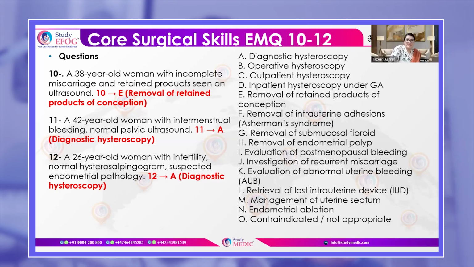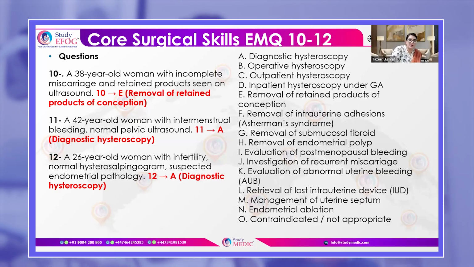And the 26-year-old woman with subfertility who is having normal hysterosalpingogram, but endometrial pathology is suspected. If we are suspecting some endometrial pathology, as in question number 11 and question number 12, the best way to have a look at the endometrium, whether it is polyp or submucosal fibroid or thickened endometrium, is hysteroscopy.